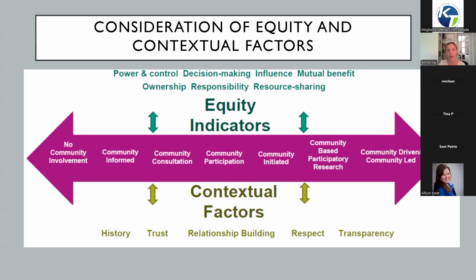So it's really important that they have the degree of power, ownership and control over the research as they desire. You need to think about who owns the data, who makes the decisions. You need to think about the history of the community you're working with, and what levels of trust exist between communities and researchers, if at all. Relationship building is a really big part of doing this work. All of this I'll talk more about.